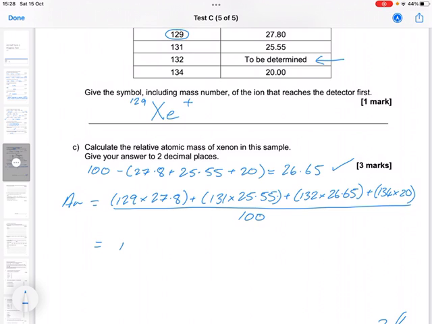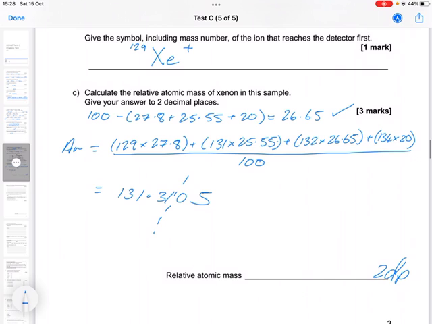That gives me 131.3105, which to 2 decimal places is 131.31. So 1 mark for the working, another mark for the final answer there.